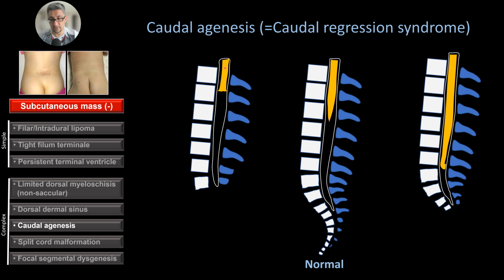The importance is the severe form is associated with a high conus, and the milder form is associated with a low-lying conus. And the approach is, this is conservative, there is not much we can do regarding this patient, but in this group, a surgery can be done for the resection of the filum.